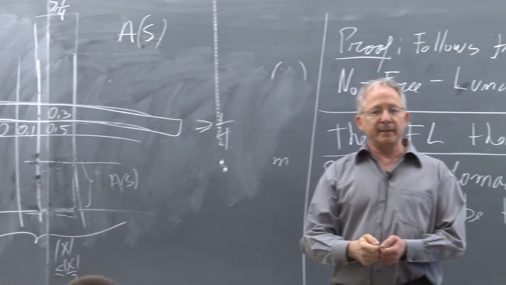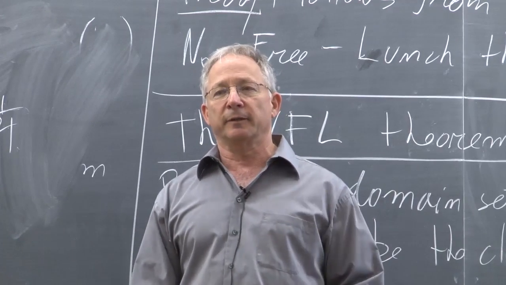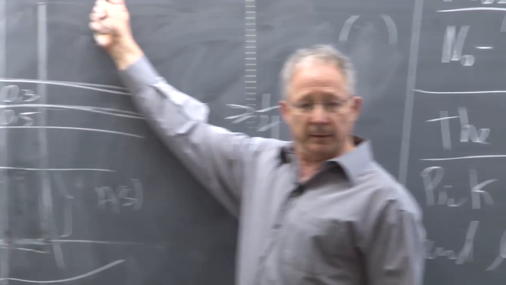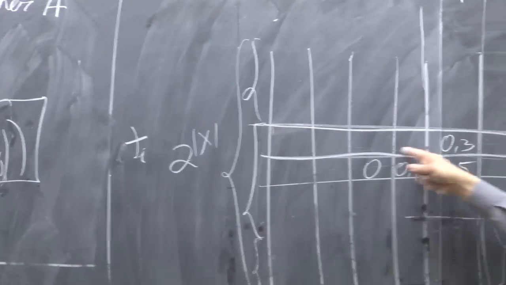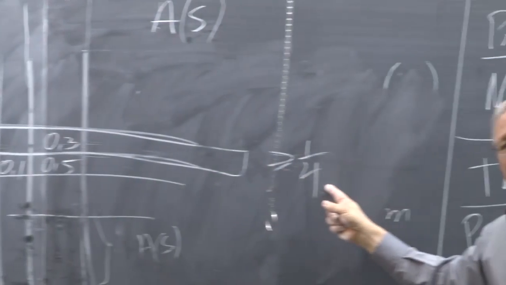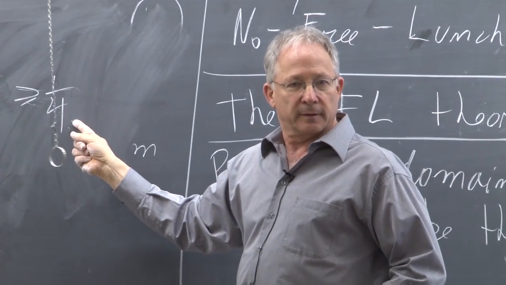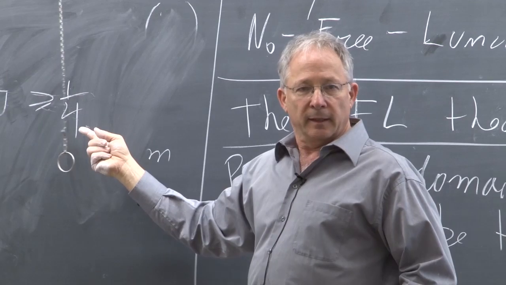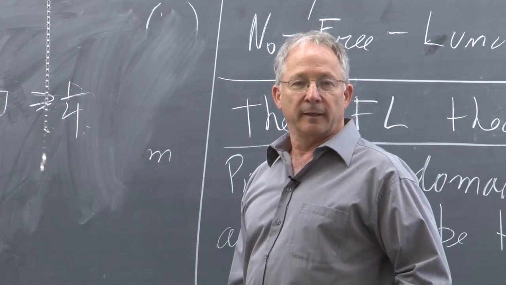So there exists a function that deceives my algorithm. I fixed my algorithm, and I found a function that forces it to make a lot of errors. It forces it to make at least a quarter of errors in expectation.